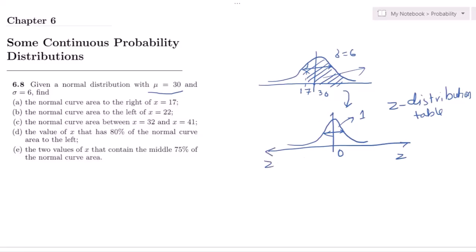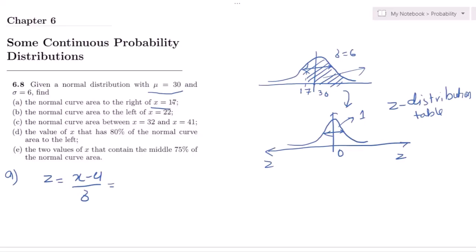Now let us first solve part A of my question, and here first of all transform all of this into the z table. For x equal to 17, the value of z would be equal to x minus mu divided by sigma.